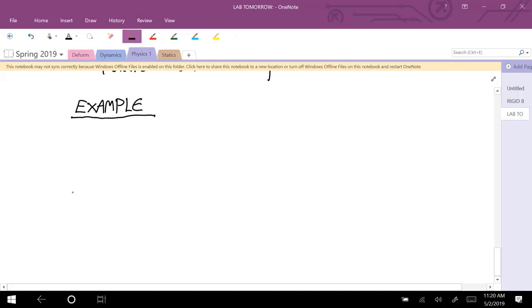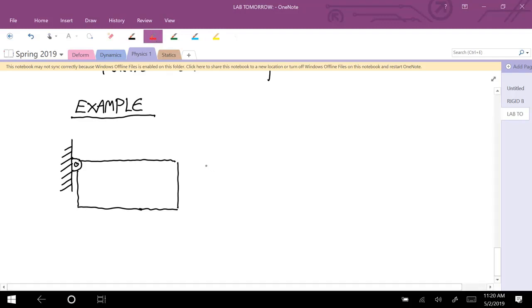So let's say there's a hinge connected to the wall and a rectangular shape connected to the hinge. And let's say that the lengths of this shape are 0.2 meters and 0.4 meters.